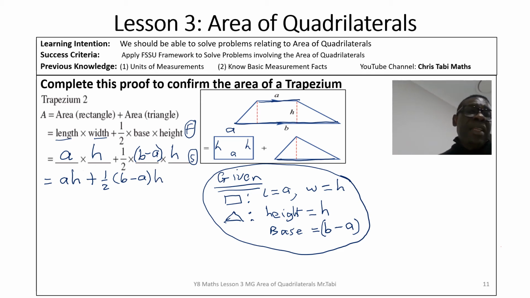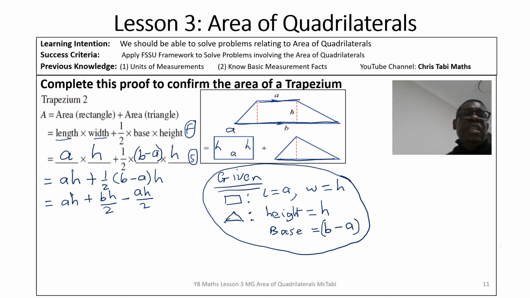If I expand that bracket, I'm going to have AH plus BH over 2 minus AH over 2.